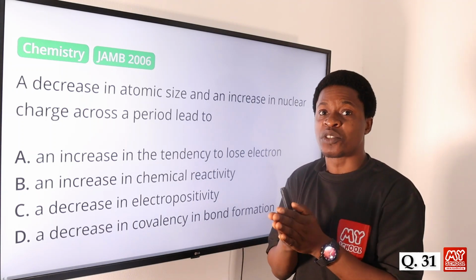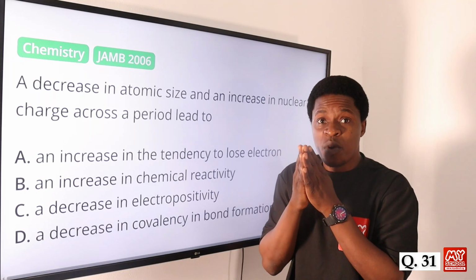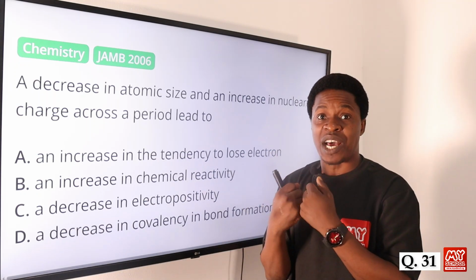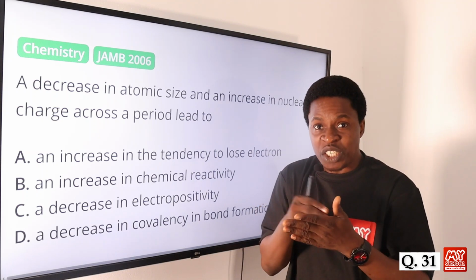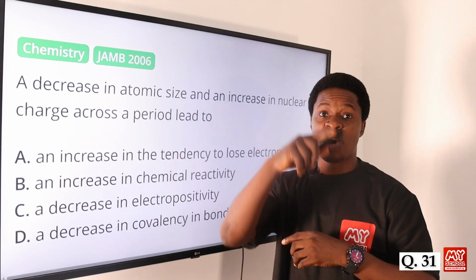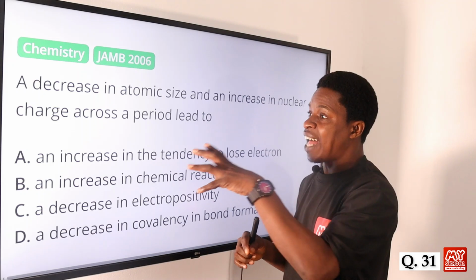Protons. So as the number of protons increases, it tends to make for a strong force of attraction between the protons in the nucleus and the electrons revolving round the orbit, or the shell, in the atom of that element.